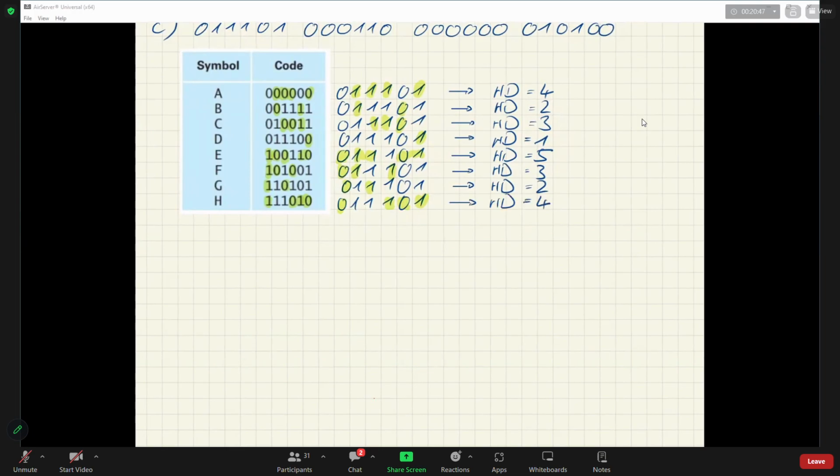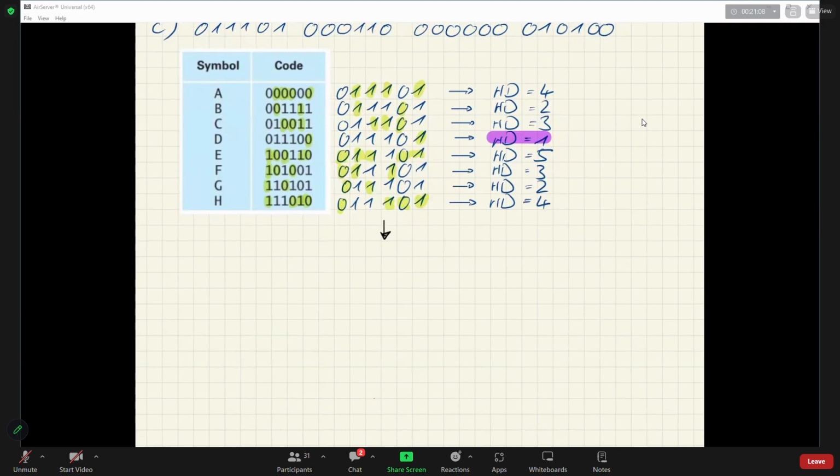And now I'm searching for the bit pattern with the smallest Hamming distance. That's that one here. And I'm replacing my received bit pattern by the one with the smallest Hamming distance.